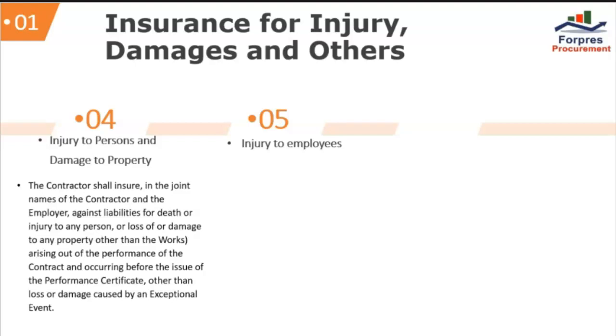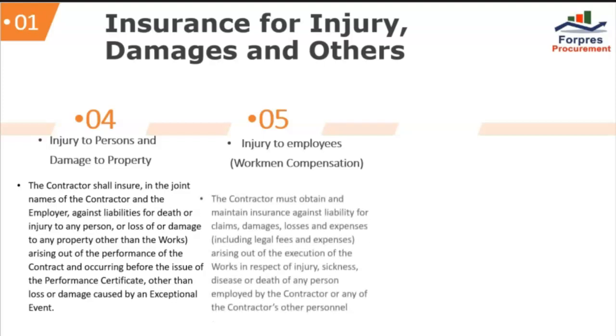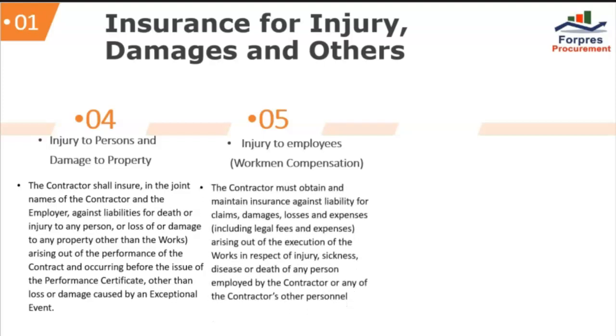The contractor must obtain and maintain insurance against liability for claims, damages, losses, and expenses, including legal fees and expenses arising out of the execution of the works in respect of injury, sickness, disease, or death of any person employed by the contractor or any of the contractor's other personnel.